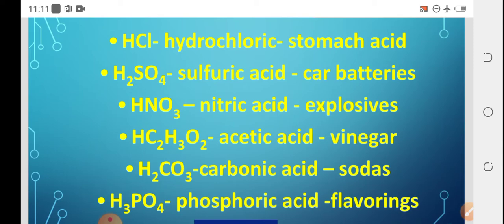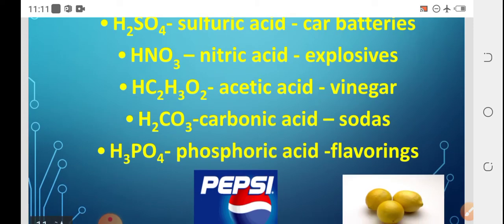Acetic acid is used in vinegar as a cooking material for the taste of food. Carbonic acid is used in soft drinks like soda. And phosphoric acid is used in food flavorings.